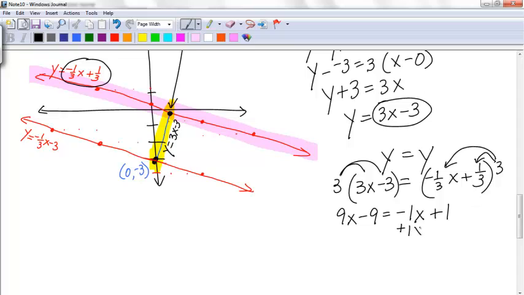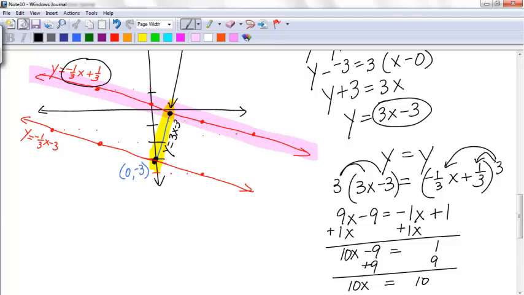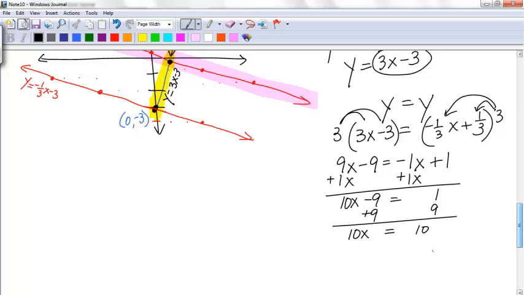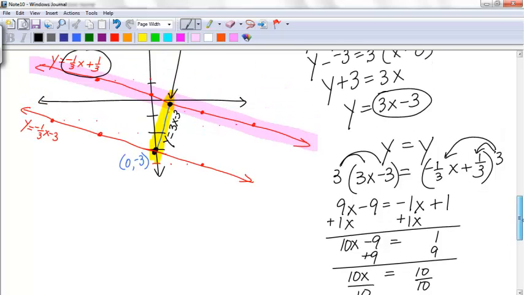I'm going to add 1x, add 1x. So 10x minus 9 equals 1. Get the 9 over to the other side. Add 9. So I'd get 10x equals 10. So x equals 1. Okay? So that's 1. X equals 1.